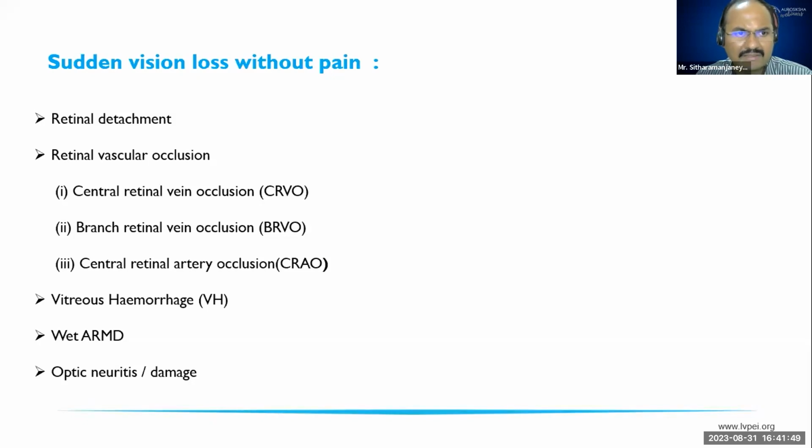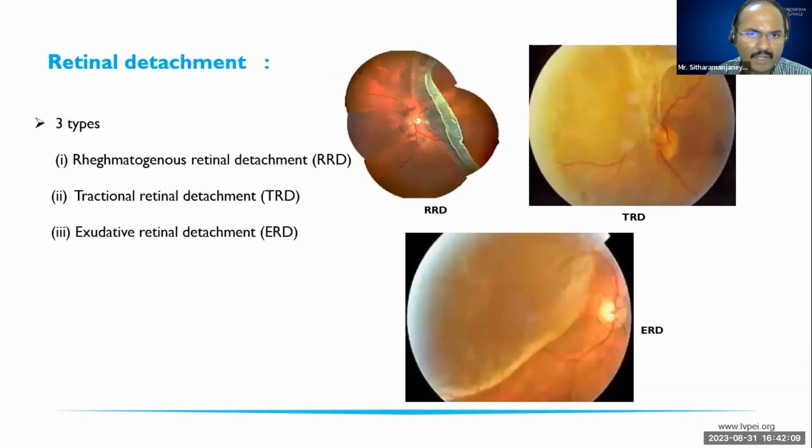Examples are central retinal vein occlusion, branch retinal vein occlusion, and central retinal artery occlusion. The next ones are vitreous hemorrhage, wet age-related macular degeneration, and optic neuritis or damage to the optic nerve. Let me explain these conditions a little briefly, one by one.